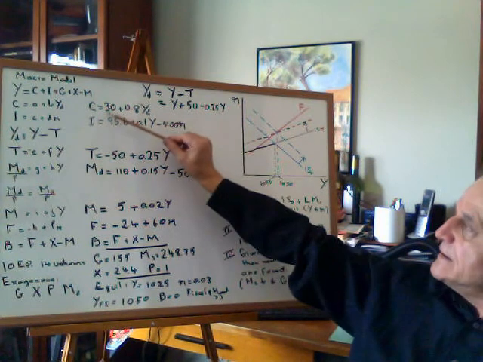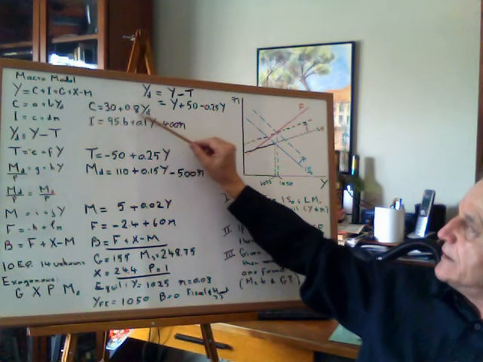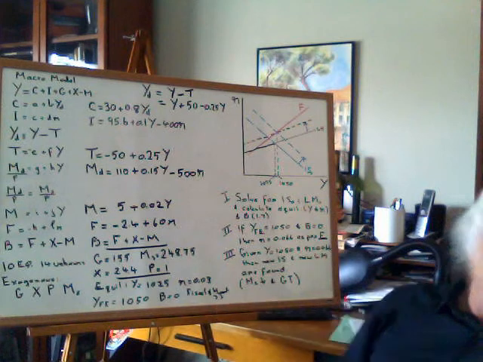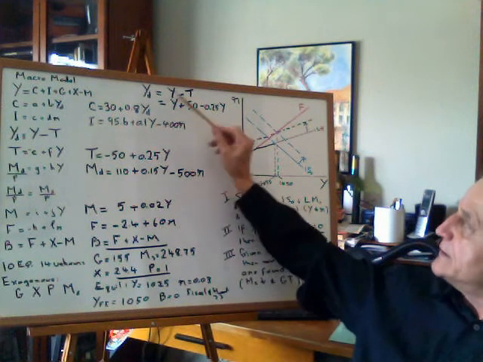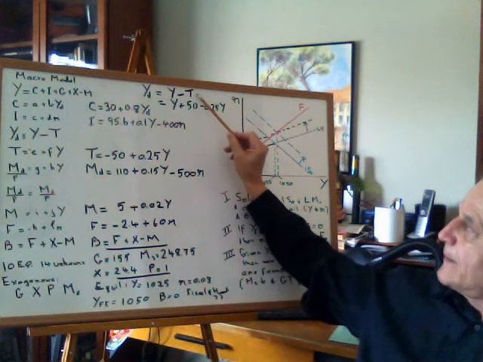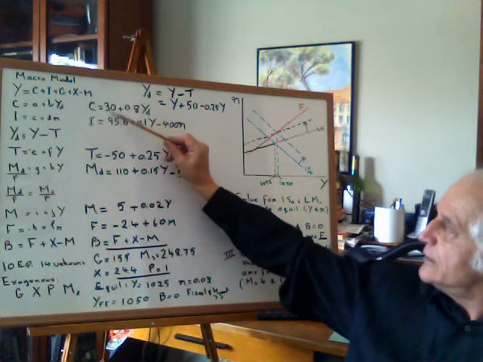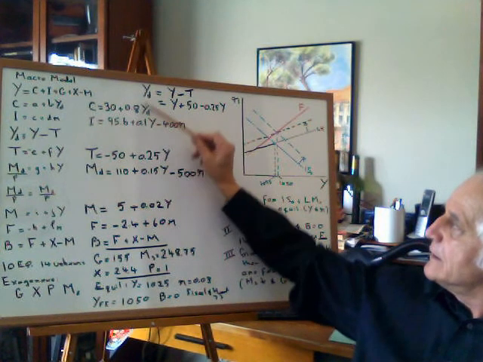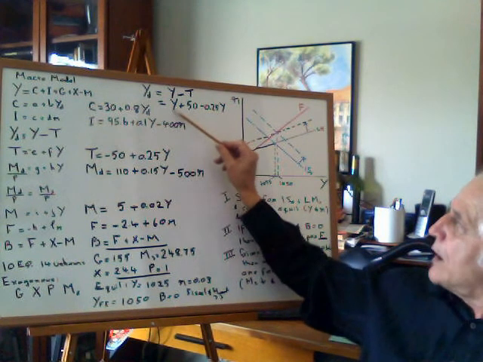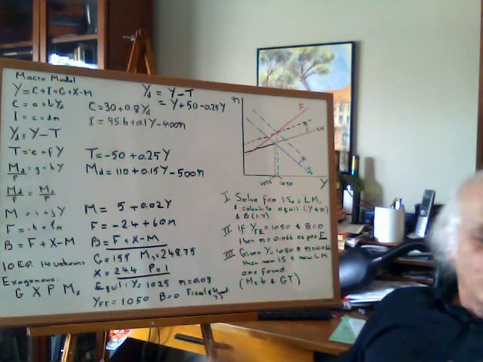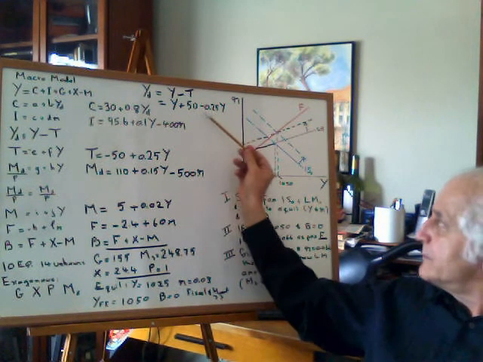The only difficulty in this, for those that haven't done this before, is this step over here. Let's just say the C is 30 plus 0.8 Y sub D. I want to place this in terms of Y. So what do I do? The Y sub D is Y minus T, right? So this will be C is equal to 30 plus 0.8 into Y plus 50 minus 0.25Y. Where did I get this from?